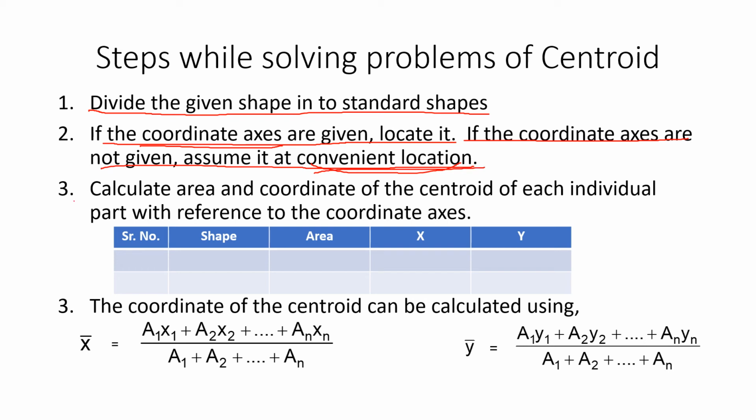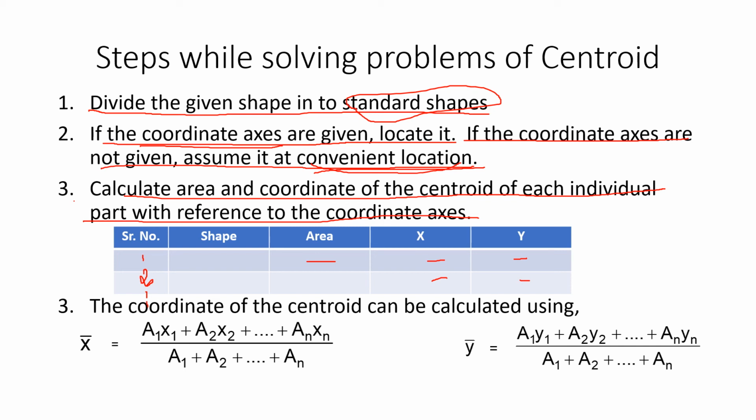Third, calculate the area and coordinates of the centroid for each individual part with reference to the coordinate axes. Since we have divided the given shape into a number of standard shapes, for each standard shape, say 1, 2, 3 and so on, we have to find the area, and then we have to locate its CG.